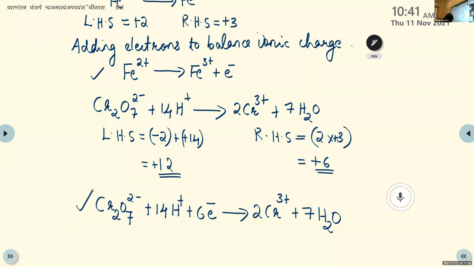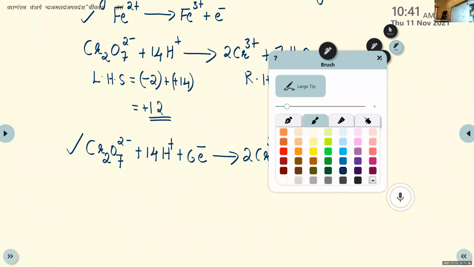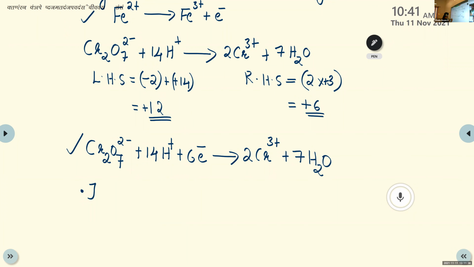Then one more step here to equalize the number of electrons. Write down.